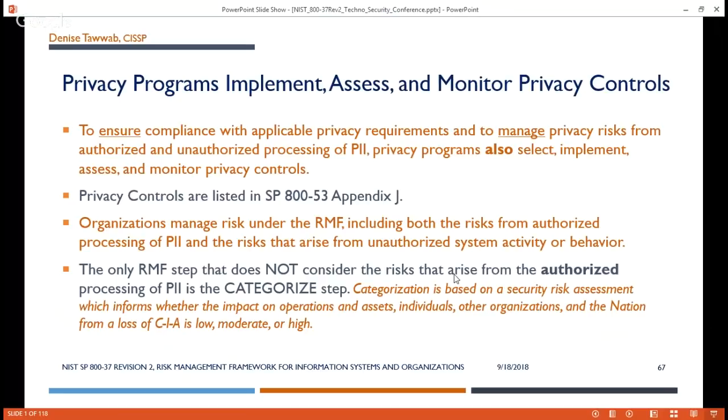Categorization is based on a security risk assessment, which informs whether the impact on operations and assets and individuals from a loss of CIA is low, moderate, or high. It's not looking at privacy. So that's the only step in the risk management framework that does not consider the risk from the authorized processing of PII.